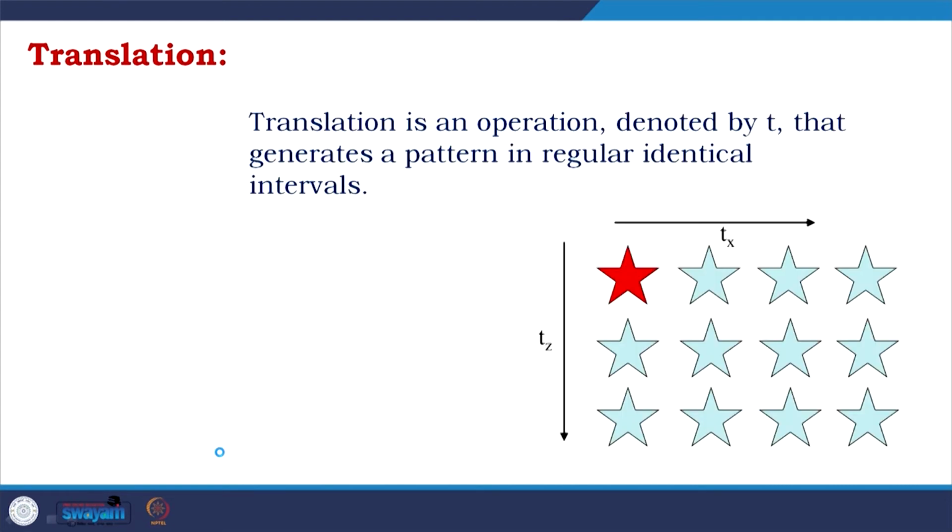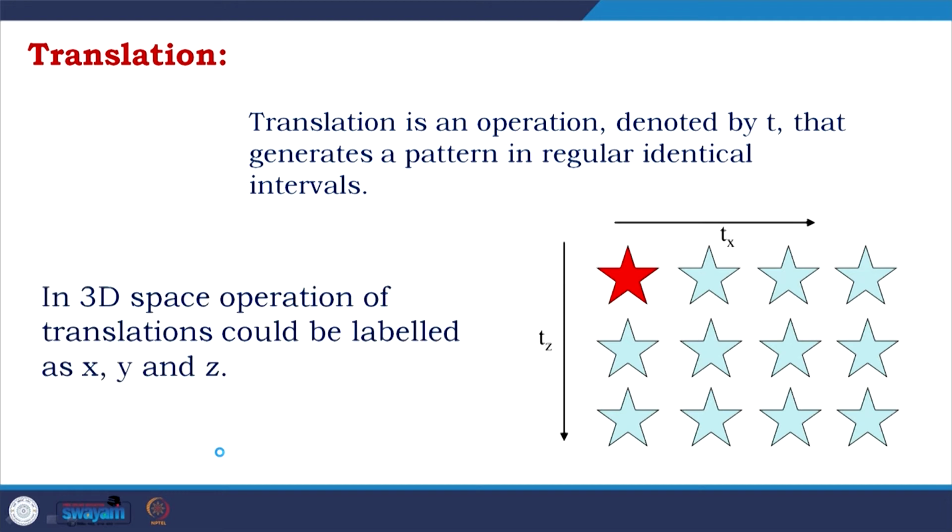Coming to translation. Translation is an operation denoted by T that generates a pattern at regular identical intervals. So, if you see, you go here, suppose this is the distance in the x axis, x1, the same distance in the crystal.